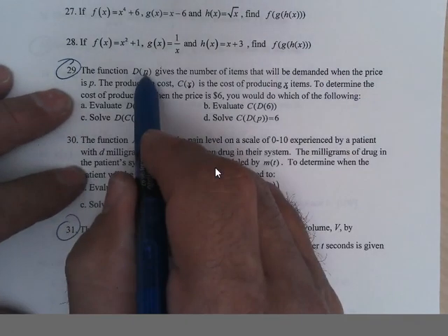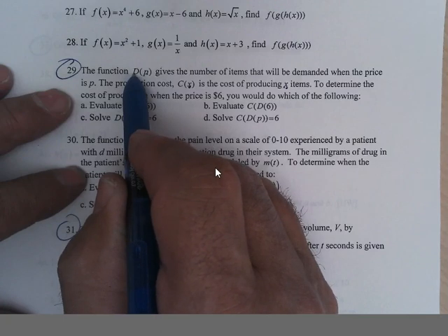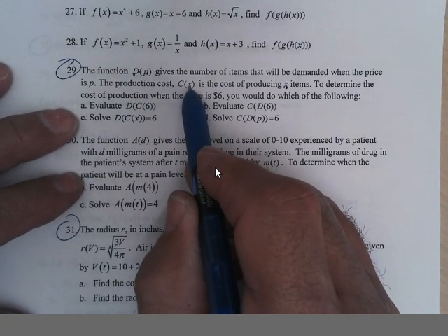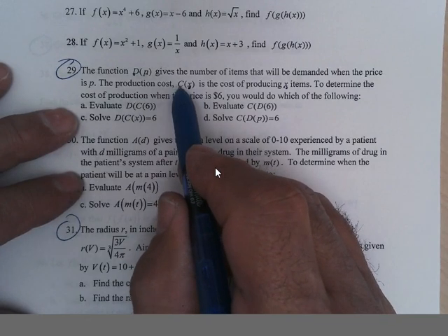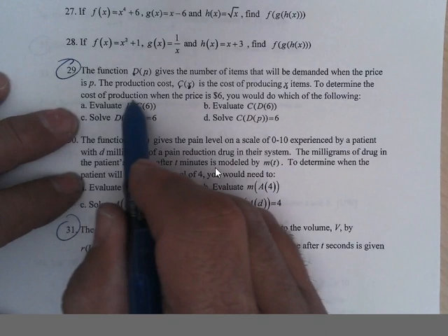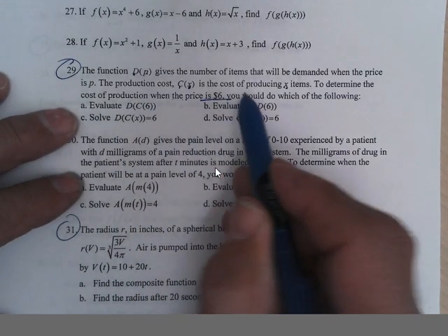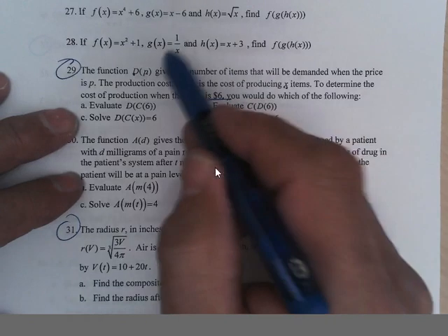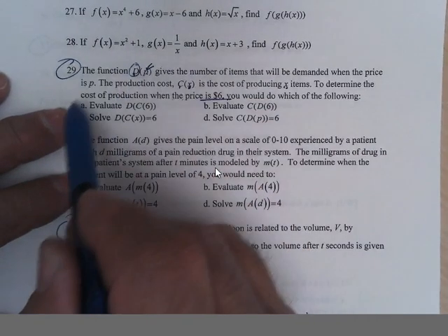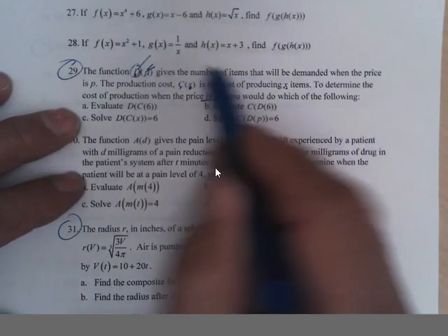So this, you enter a price, you get the number of items demanded. This, you have the number of items, and this gives you the cost of the items. So which would you do? Cost of production when the price is $6. So price would have to go in, and out would come a demand for so many items. So D would be number of items.